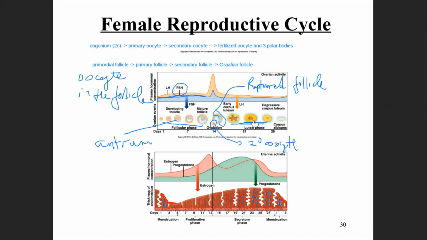When the corpus luteum disappears, progesterone will drop, and this drop in progesterone will cause menstruation. So following a drop in progesterone, that's when you get menstruation. Menstruation is caused by a drop in progesterone.